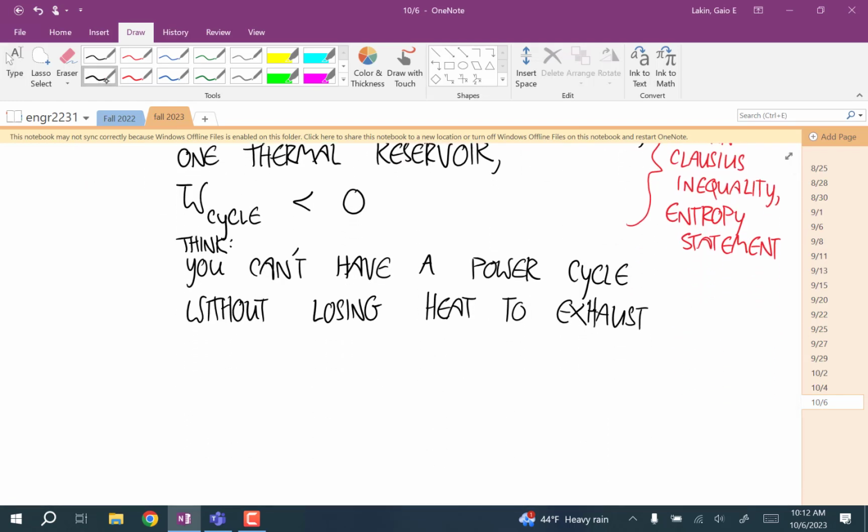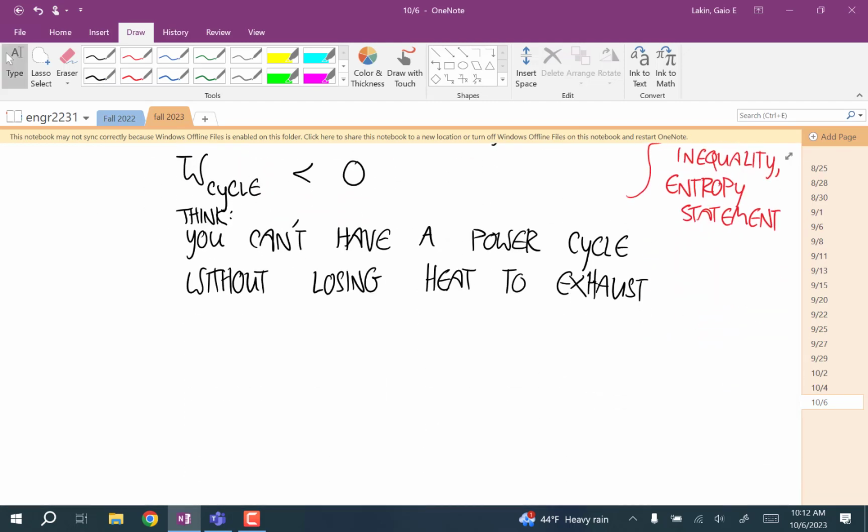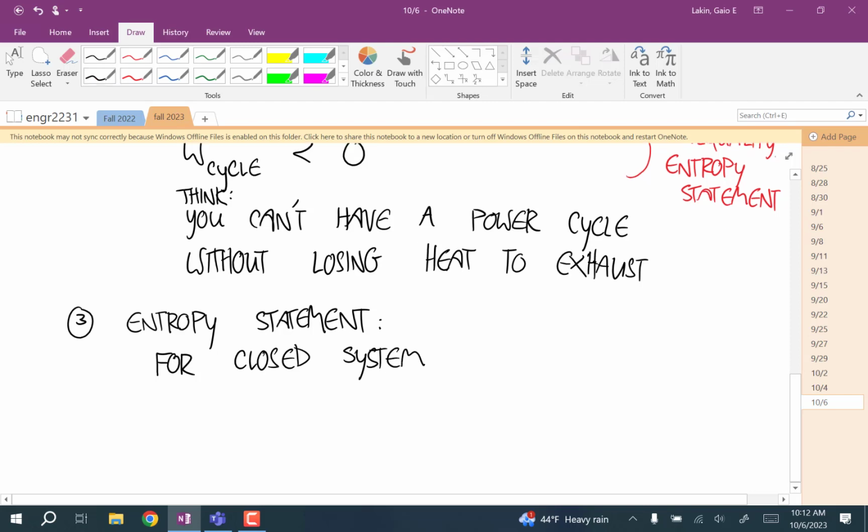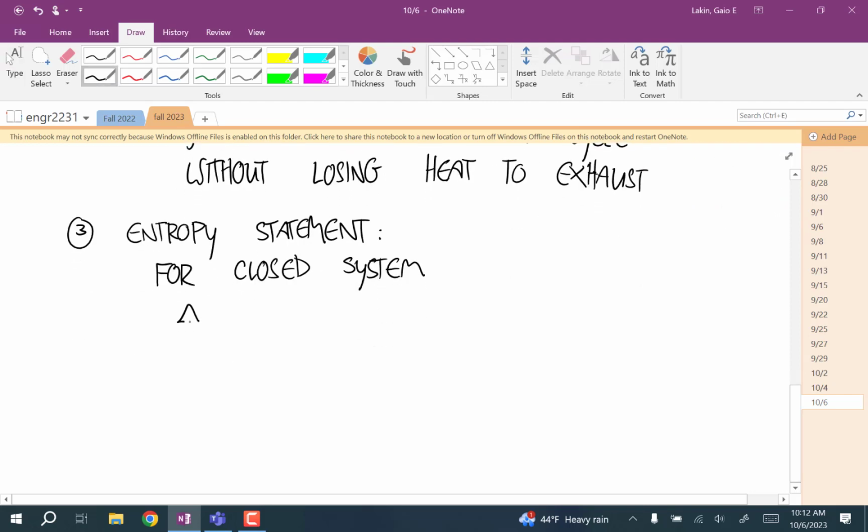And then the last one, I guess the most important one to us, is the entropy statement. You can think of this as, for a closed system, a system that doesn't exchange any energy, the change in entropy is greater than or equal to 0.